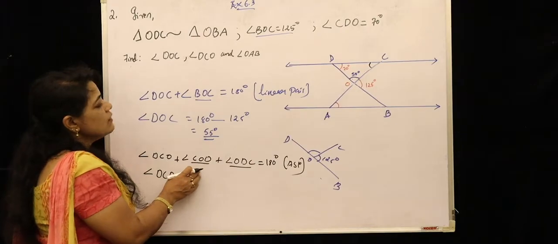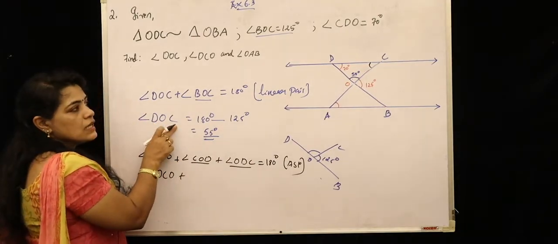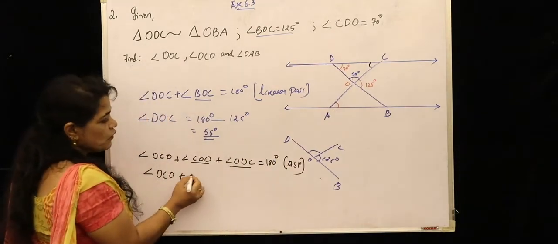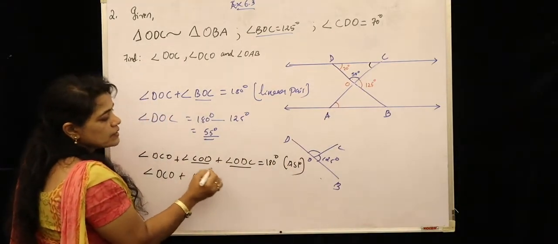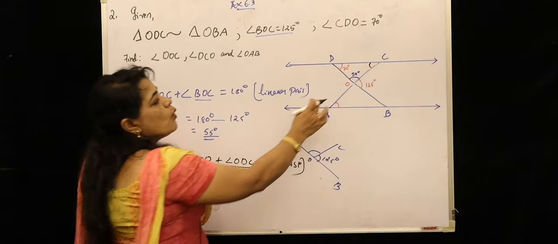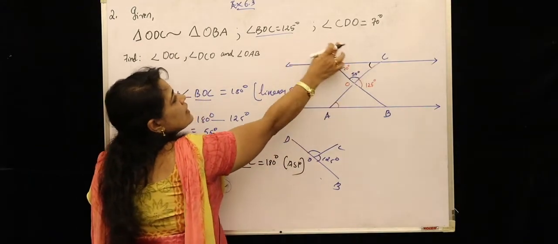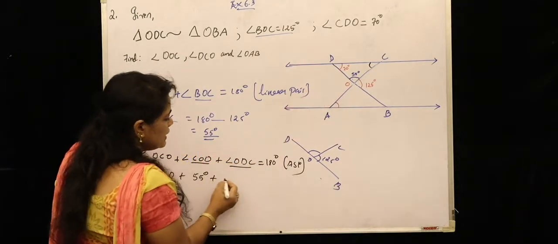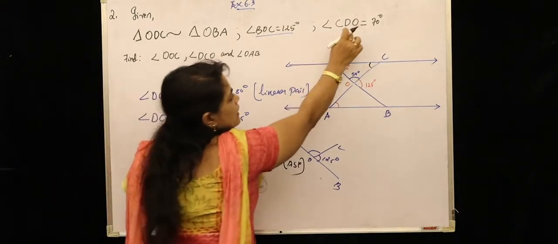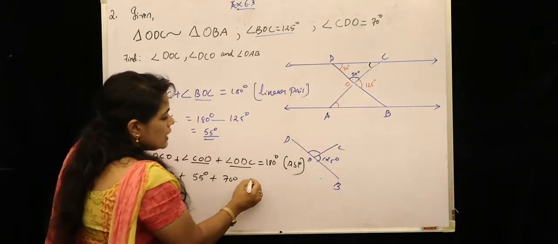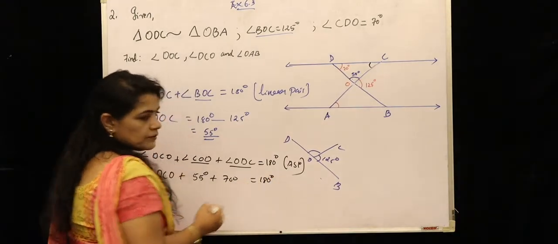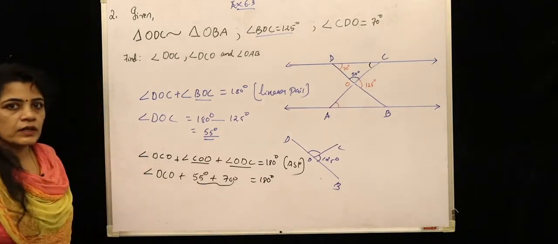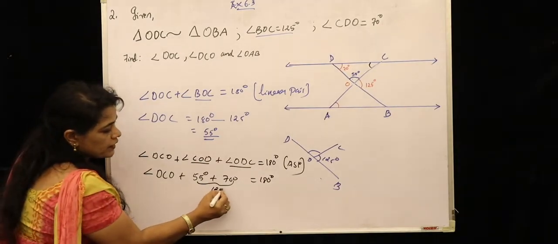Okay, and that is given here, DOC is 55 degree, plus ODC, that is given as 70 degree. This angle equal to 180 degree. Okay, so what will be their sum? This will be 125 degree.